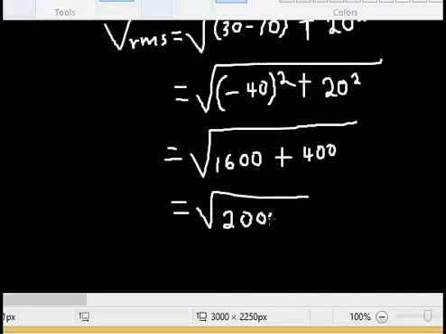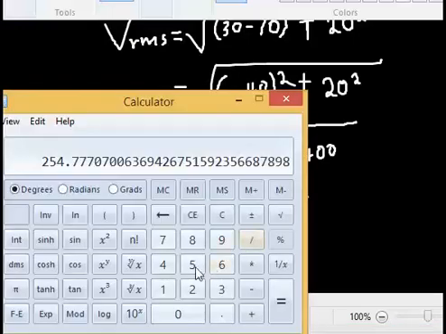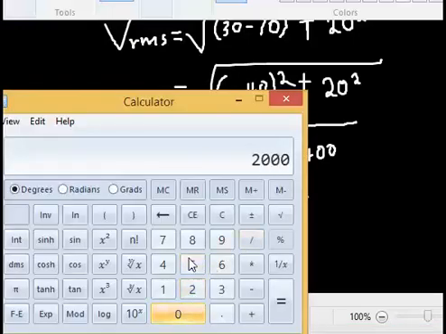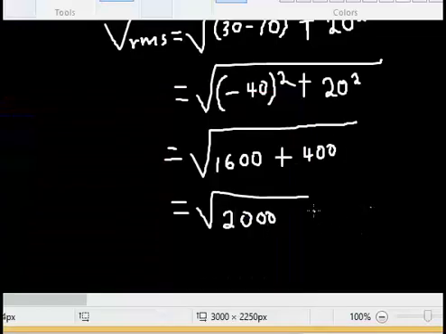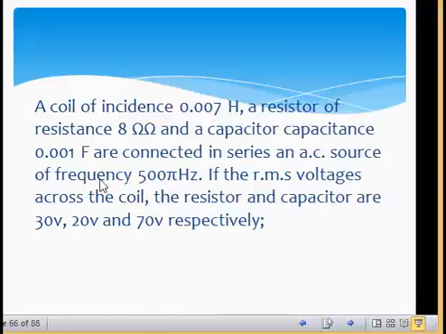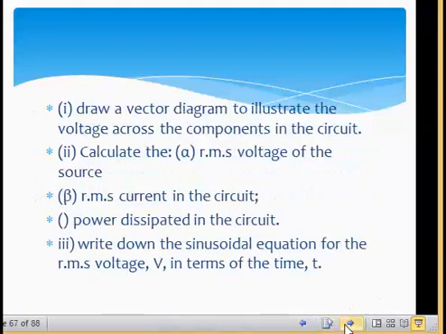The square root of 2000. So let's see, 2000. All right, the square root is 44.7 volts. That is the VRMS. All right, that is the second part of the question.